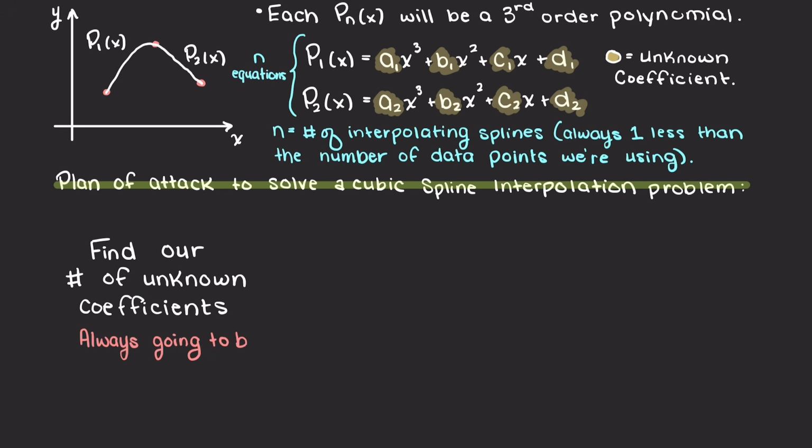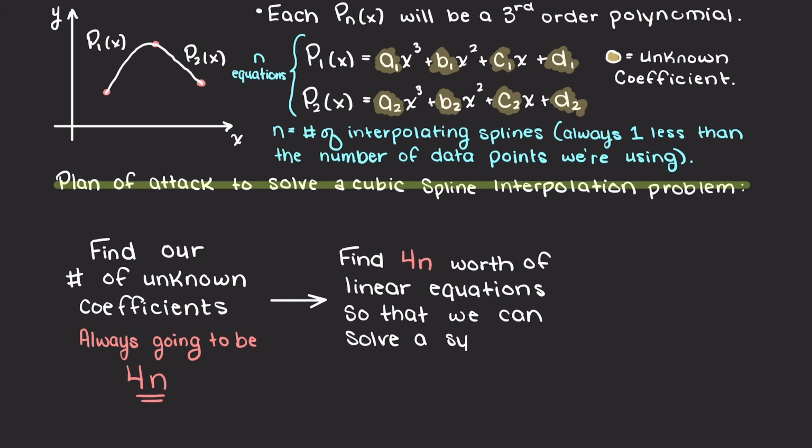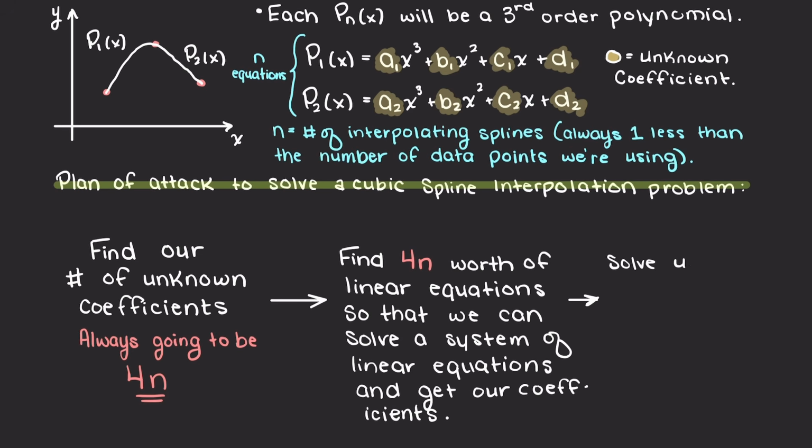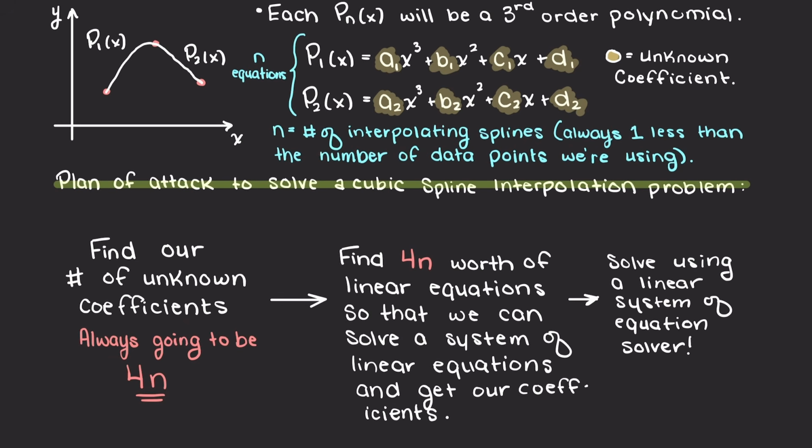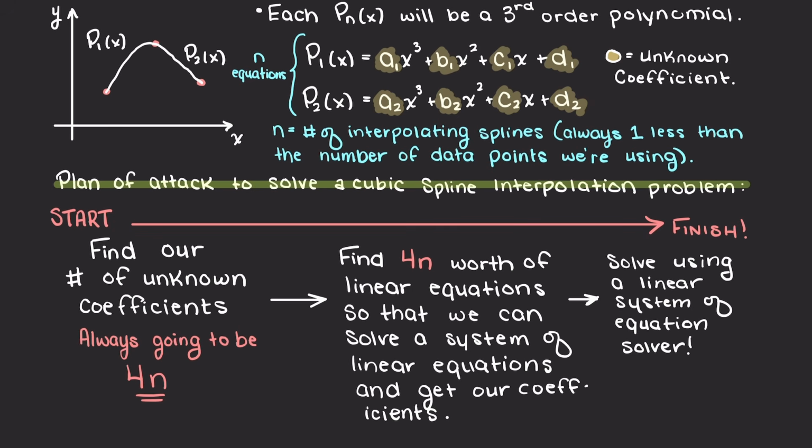Therefore, we can say that for every spline n, we will have 4n unknowns, meaning that we need to find 4 equations per spline that we add. Let's try to find our 4n equations.